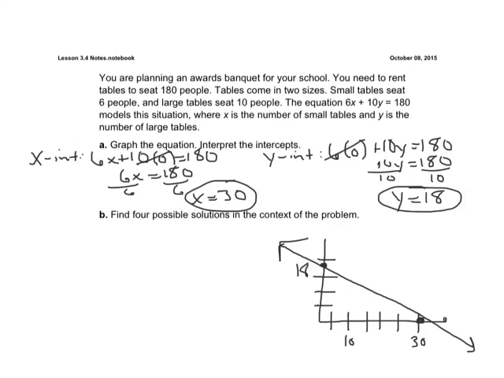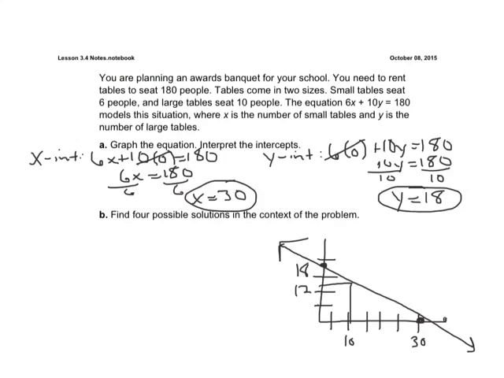Okay, and 10 small tables, let's trace it up to our line and over. Okay, let's say that's about 12 on the y-axis. Remember, y is large tables. So if we have 10 small tables and 12 large tables, that should seat 180 people.